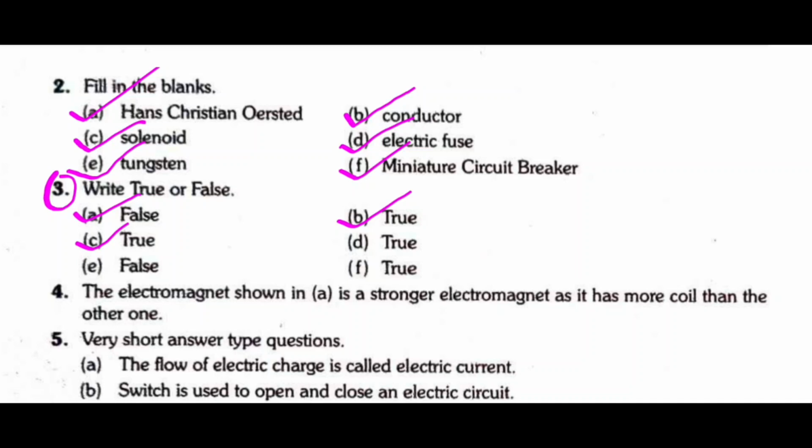True. Magnetism of an electromagnet only lasts till the current is passed through it. True. The magnetic strength of a conductor decreases with the increase in current. False.